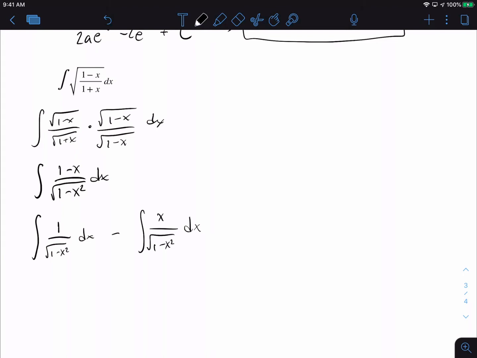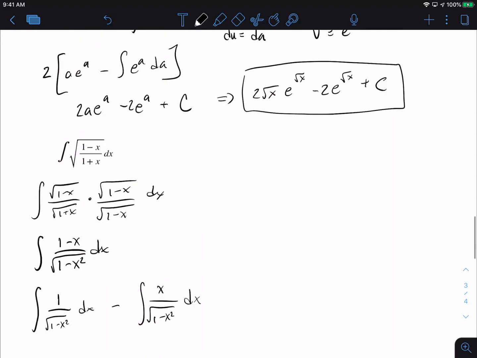And we end up with a lovely little problem, right? We could do trig subs, we could do u subs, we could do all kinds of things. For the first one, we could do a trig sub and do x equals sine theta and go through a whole process there. But that's not the most efficient way to do it.